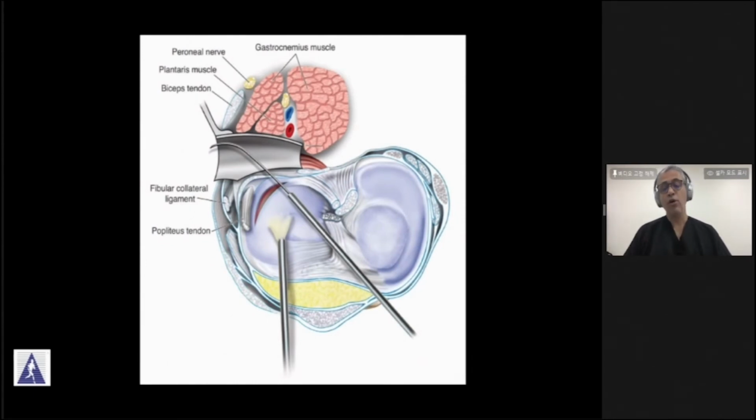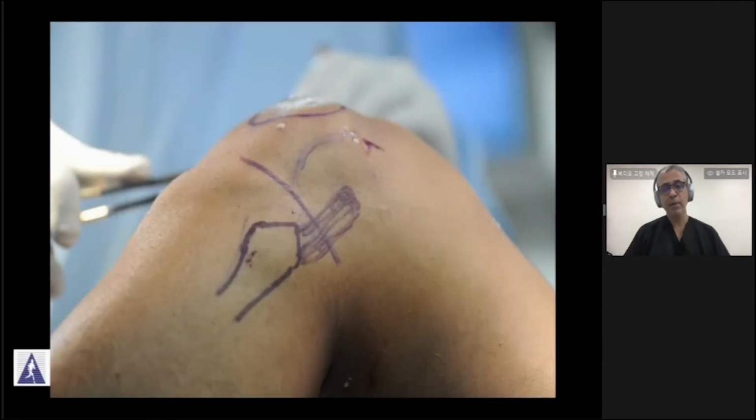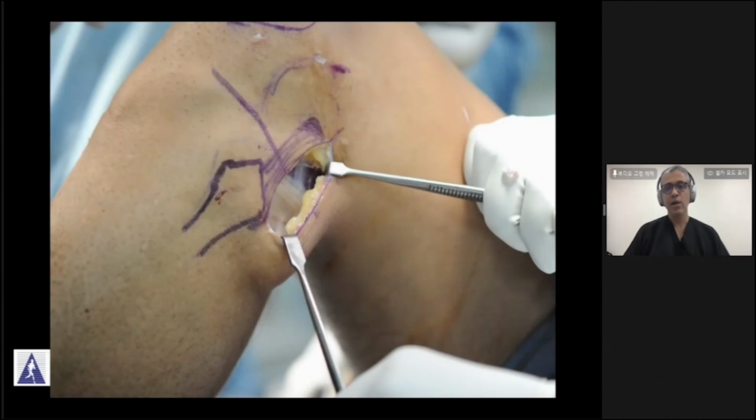As with most inside out repairs, you definitely want to create a safety incision if you're planning to go more posterior, and these can be made very effectively by utilizing skin incisions which are based posterior to the MCL or the LCL.